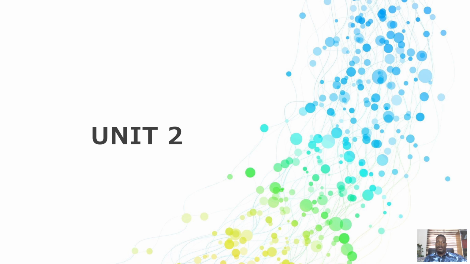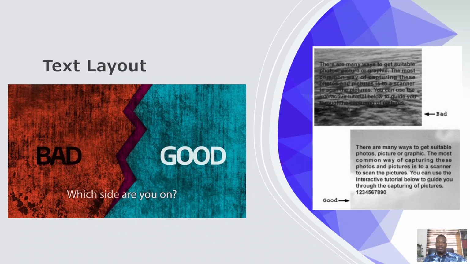So quickly, I'm going to pull out the next slide. Yes, the last time this is where we got to, in the area of text layout, which is how to put up your text on your backgrounds, giving very good backgrounds.